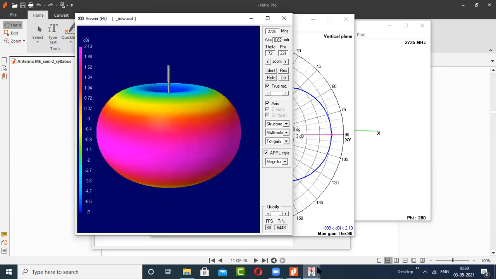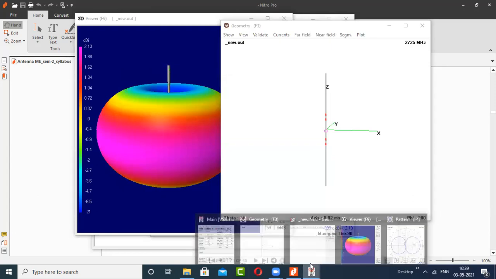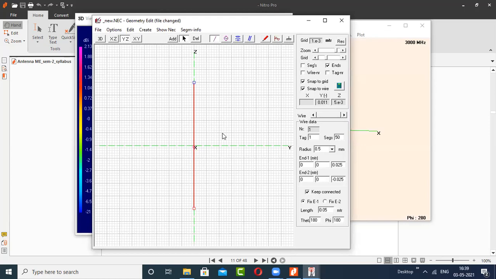Next is length. Okay. So we'll go for the analysis of impact of length of the antenna on the resonant frequency. And I will ask one question based on this, and I hope you would be able to answer it. Okay, so what I will do now, I will start reducing the length of the antenna symmetrically along positive z-axis and negative z-axis.